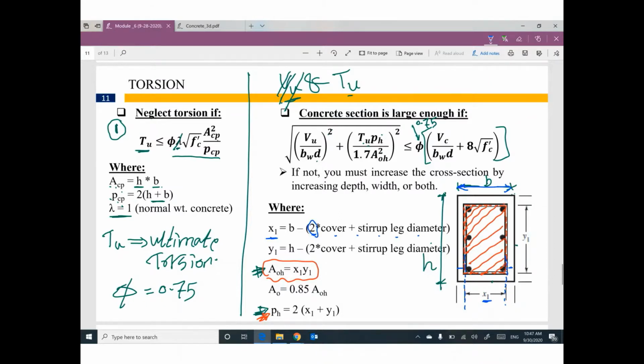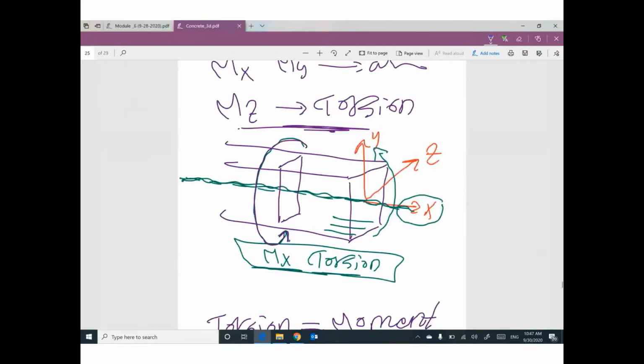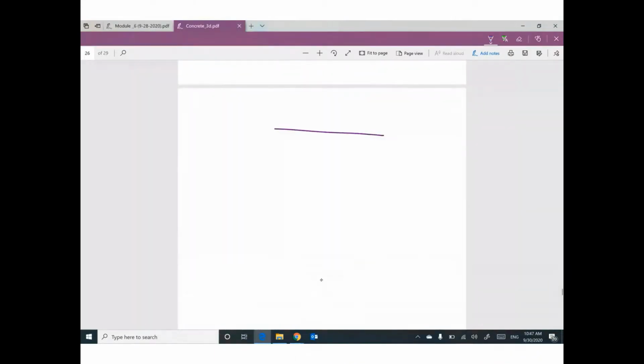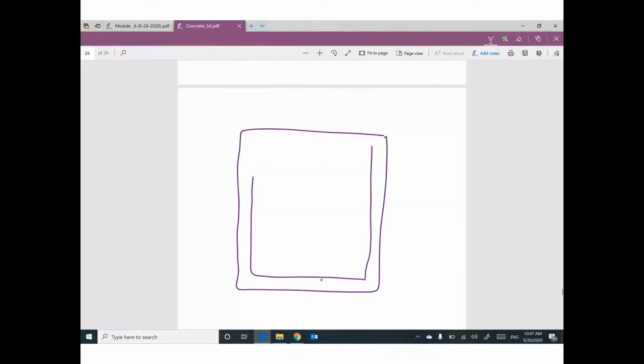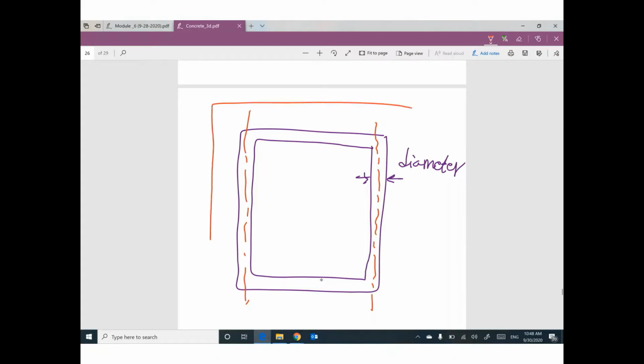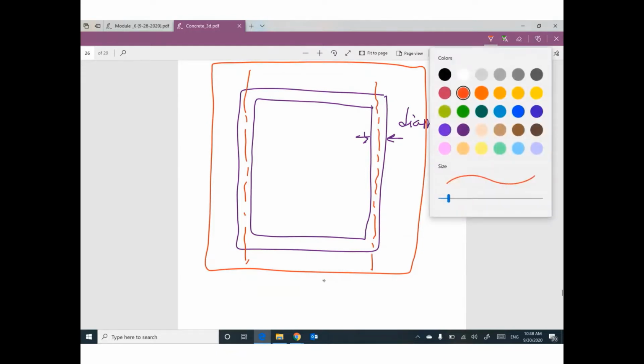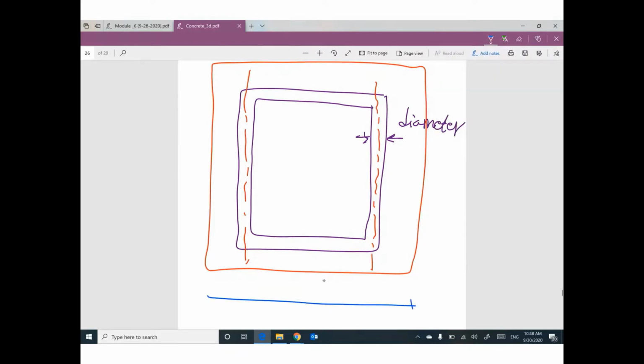And you are talking about center line. Hey guys, can you watch me, please? The actual stirrup looks like this. This is the diameter of the stirrup. That's right. We are talking about this center line. And here is the cross section. So the total width is B of the cross section.